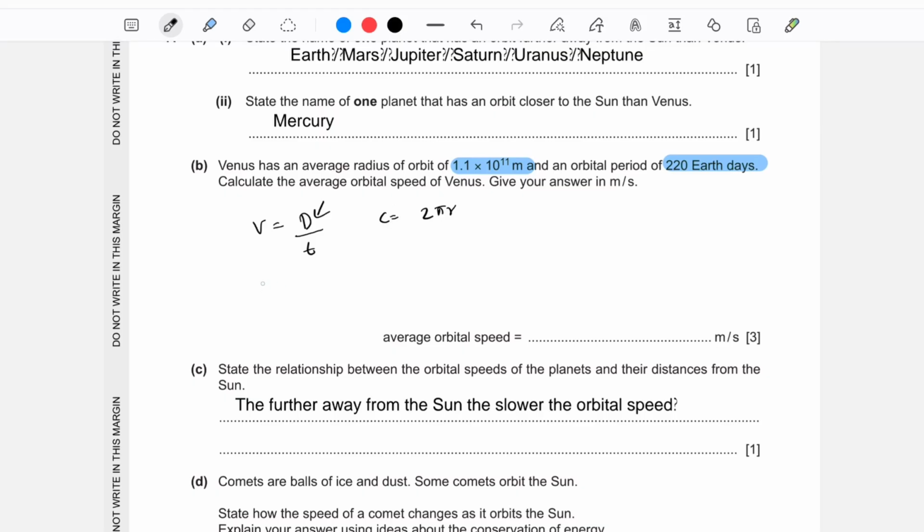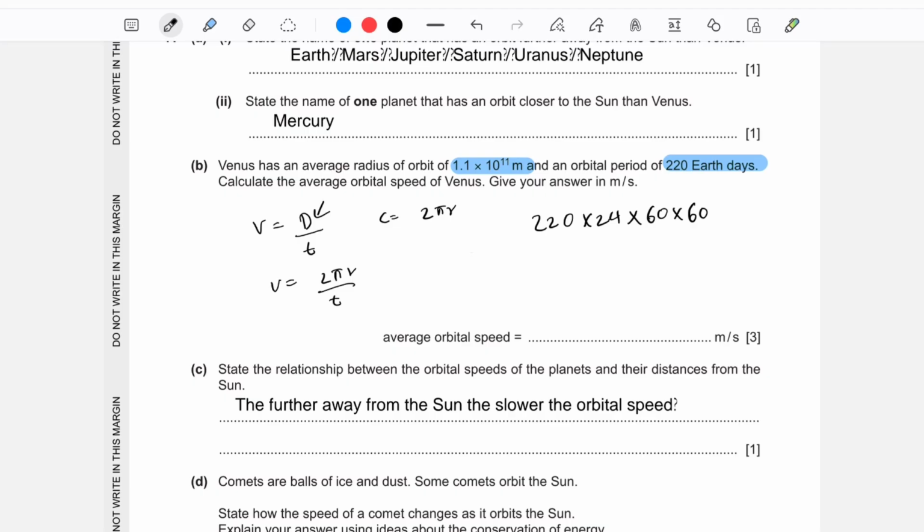So that would be, and we also have to convert the time. So to convert 220 Earth days into seconds, you have to first multiply it to work out the hours, and then minutes, and then seconds.